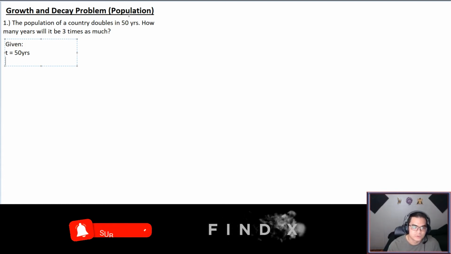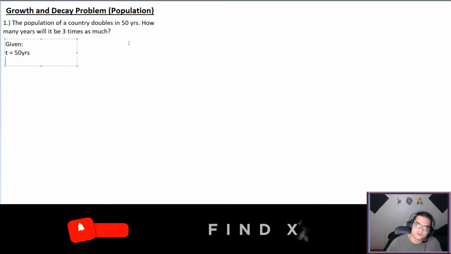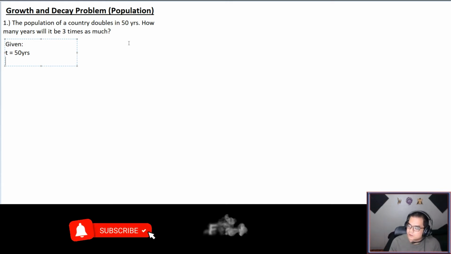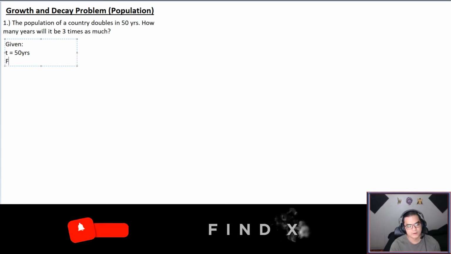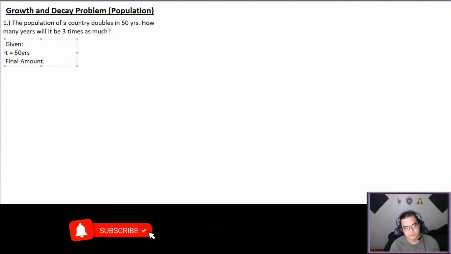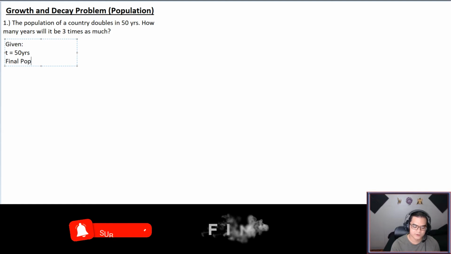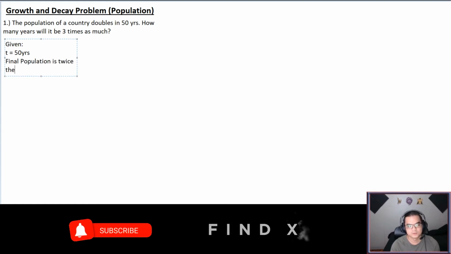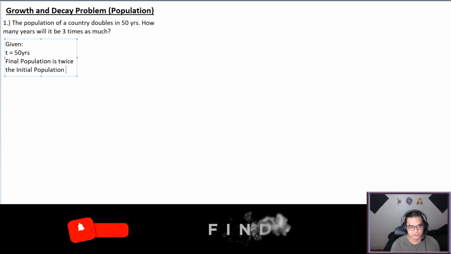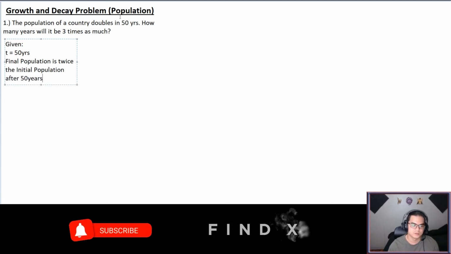So that means if this year it is 100,000, after 50 years it will be 200,000. So we can simply say that the final population is twice the initial population after 50 years.